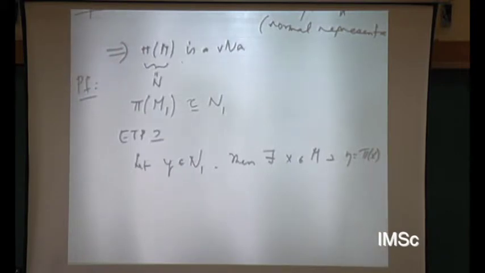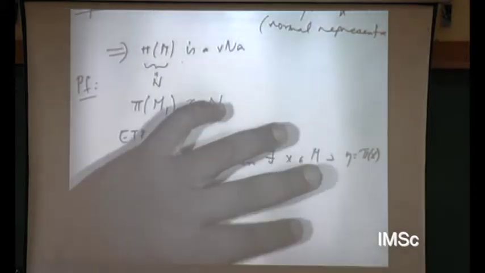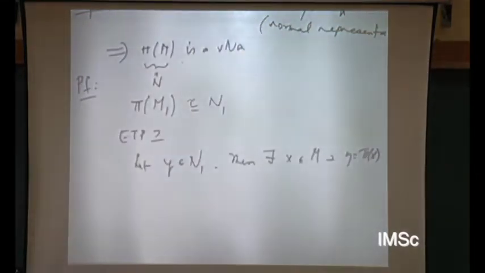Of course, x may have large norm. For example, y could be 0, and x could have been anything in the kernel of pi. So you have no control over the norm of x. But what we will do is doctor this x to get something of norm less than or equal to 1 which also gets mapped to y.